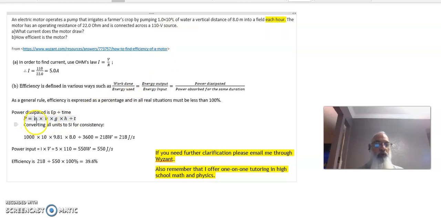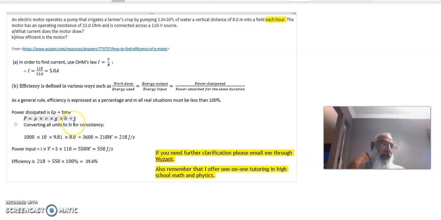Density times volume is equal to mass, because density is mass over volume. So in the equation for potential energy, we use rho times V as the mass, times g, which is 9.81, times h, which is given as 8.0 meters.